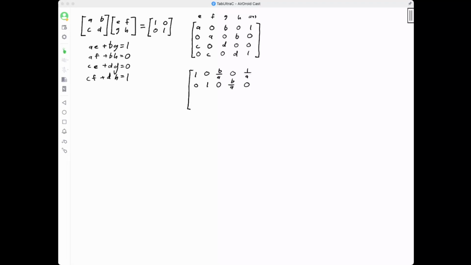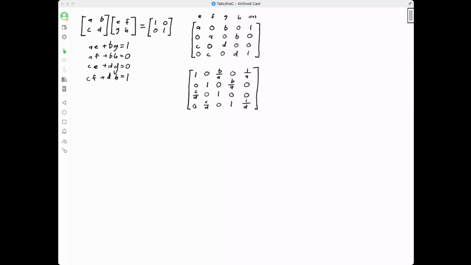The third row, I'm going to multiply by 1 over D to get C over D, 0, 1, 0, 0. And the fourth, I'm going to multiply by 1 over D to get 0, C over D, 0, 1, 1 over D.